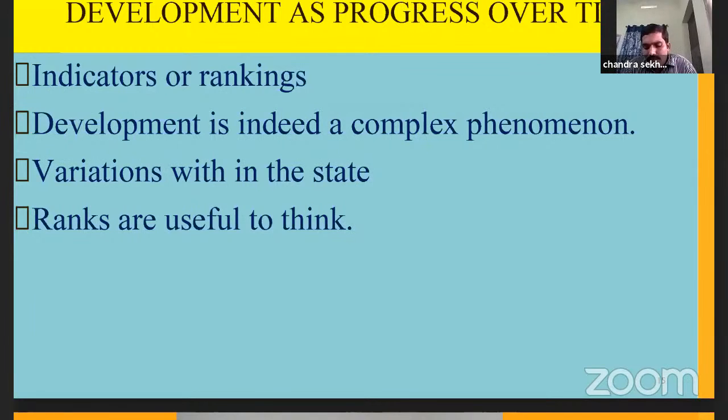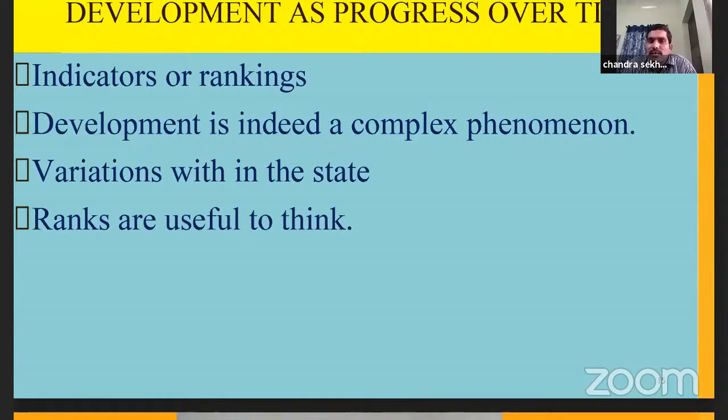Like when we observe the human development index, by giving ranks to the countries, we can understand the development, how the countries are developing over a period. So we can compare the rank of last year and the present year. Based on the comparison, we can understand the developmental process of those countries.